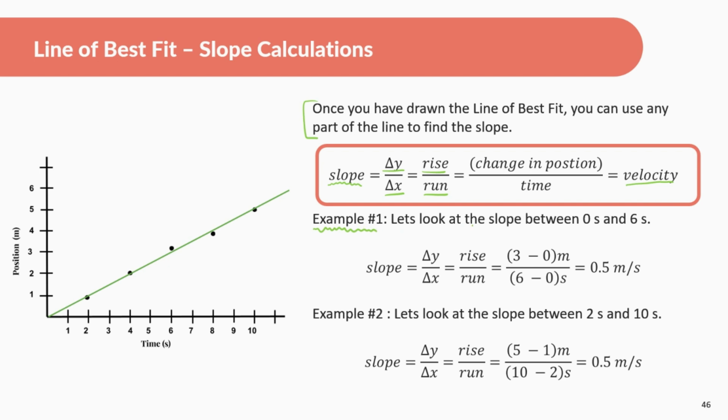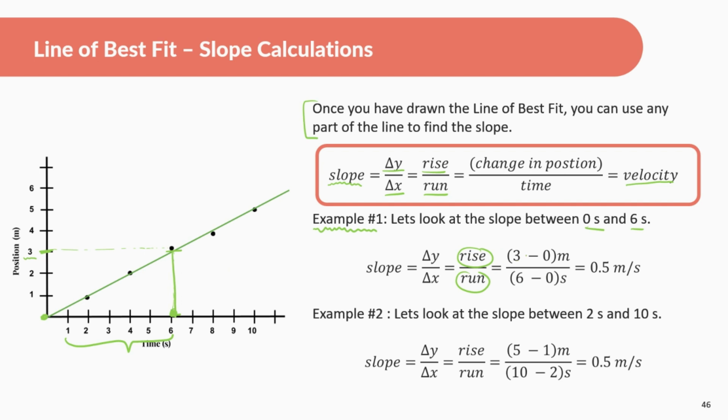Example number 1: let's look at the slope between 0 seconds and 6 seconds. That means from here to here, that's what we're looking at. We're going to do the rise over the run. The rise goes from here all the way to here, which is around that 3 meter mark. It's going from 0 meters right here to 3 meters.